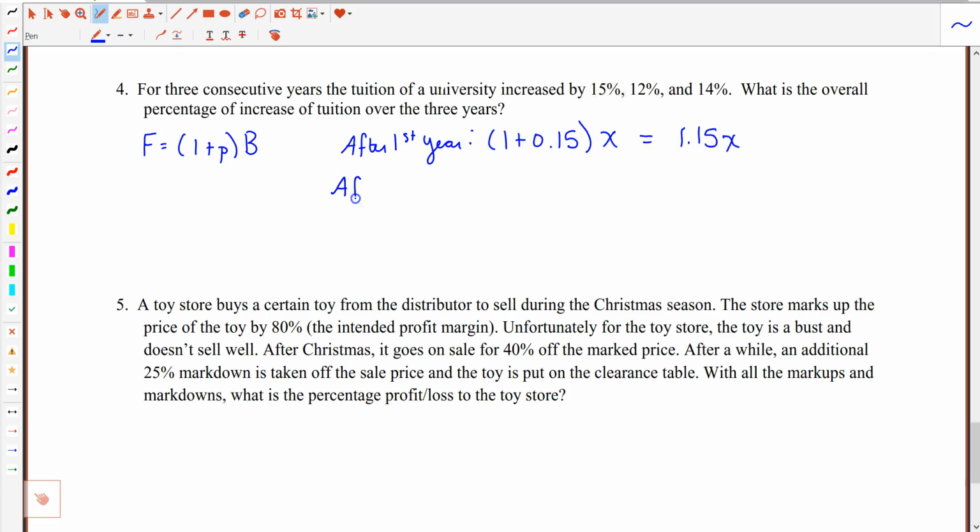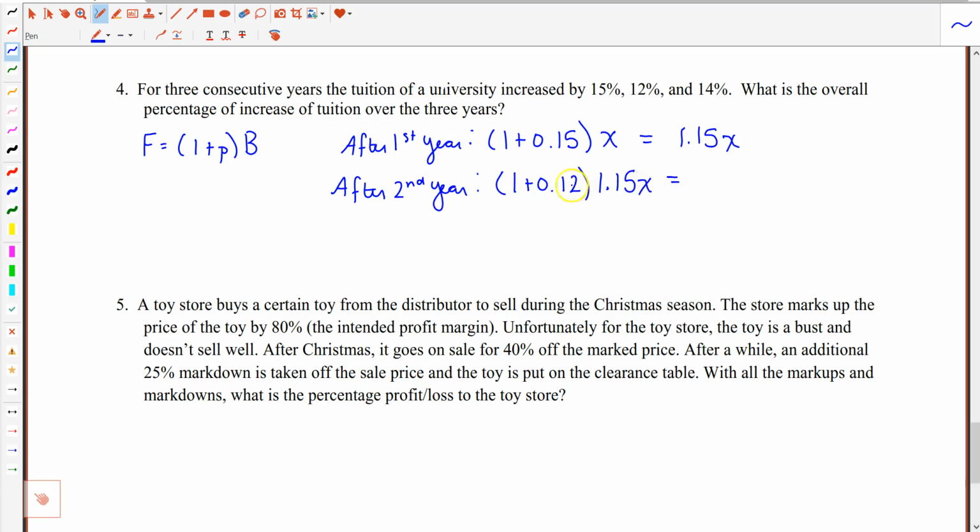Now let's take a look at what's going to happen after the second year. After the second year, I'm going to get a 12% increase, so that would be 1 plus 0.12. But it's a 12% increase on what it was. So this is going to represent a 12% increase on what the tuition was at that point in time, which is given to us by the expression 1.15x.